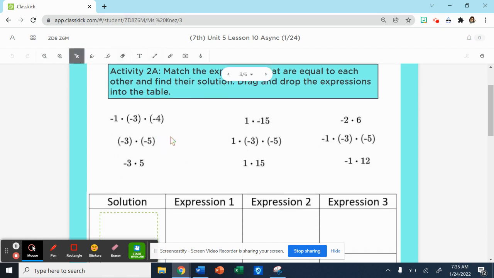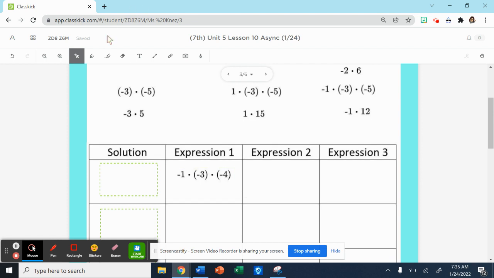For example, let's say I looked at negative 1 times negative 3 times negative 4 first. I know that negative 1 times negative 3 is equal to a positive 3 because I'm multiplying a negative 1 times a negative 3. Then I'm multiplying positive 3 times negative 4. I know a positive times a negative is a negative.